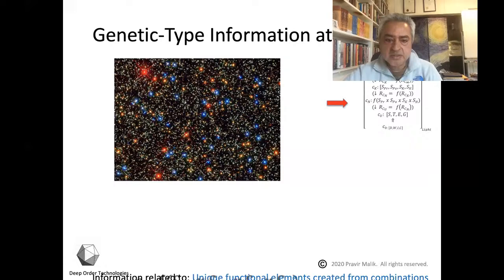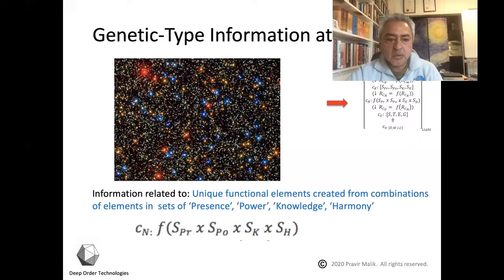So here simply, what we can think of this information related to is unique functional elements created from the combination of all the elements in these sets of presence, power, knowledge, harmony. And mathematically, that's depicted as a function of all the elements of the set PR, the set PO of power, the set of knowledge, and the set of harmony.